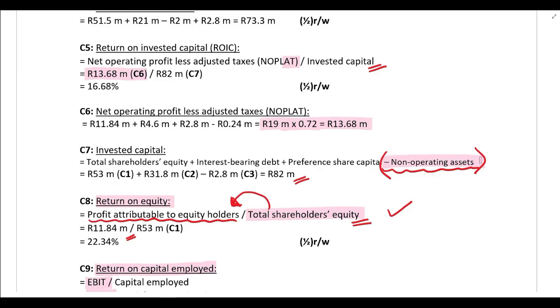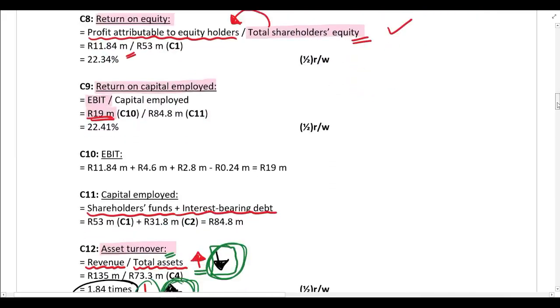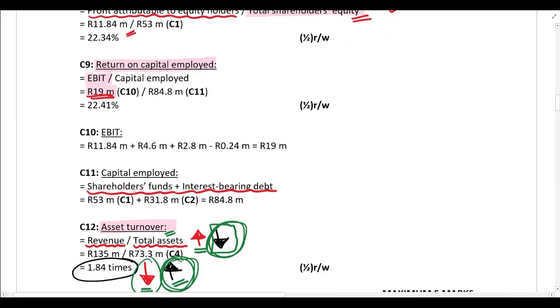Capital or money that is actually circulating in the business. That's what invested capital is, because it excludes capital that is sitting somewhere else as an investment. On the other hand, with return on capital employed, we use total capital employed in the calculation. So in other words, total shareholder funds and interest-bearing debt. We don't exclude non-operating assets.